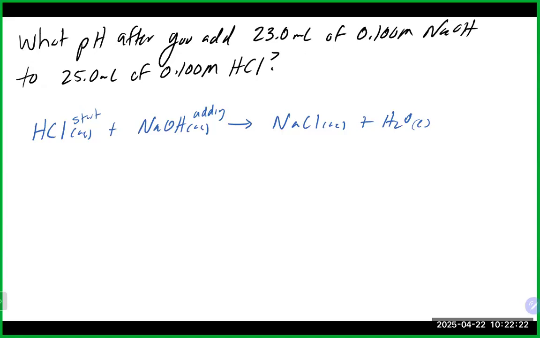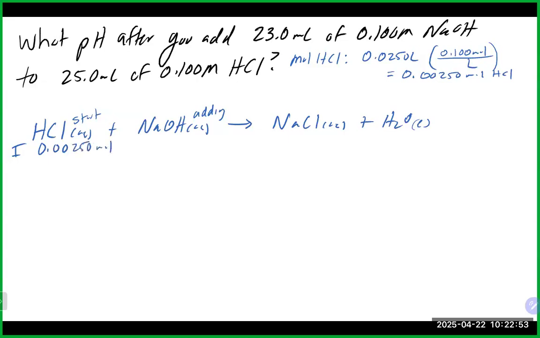To get our moles of HCl, that's going to be our volume converted to liters times our molarity of 0.1 moles per liter. That is 0.025 times 0.1. And that's going to get us 0.0025 moles of HCl.